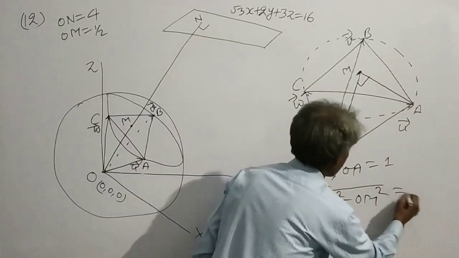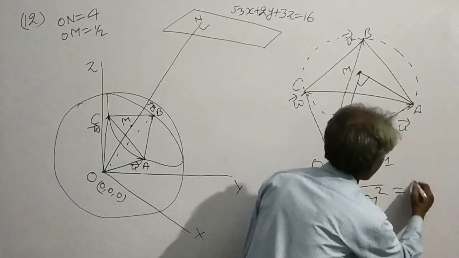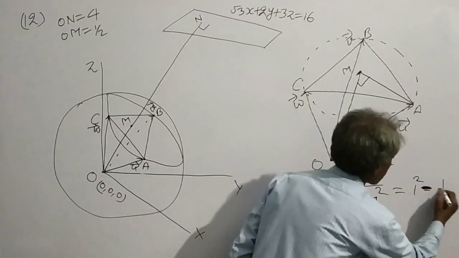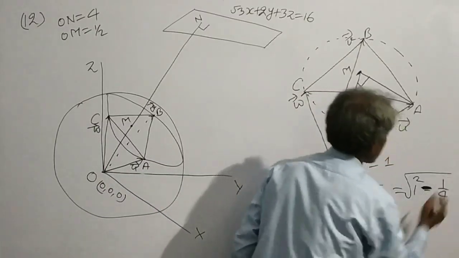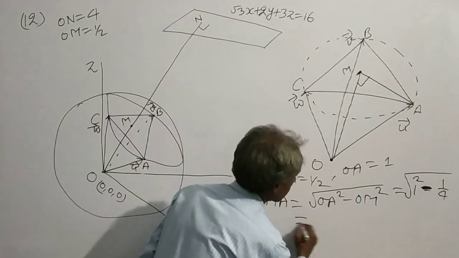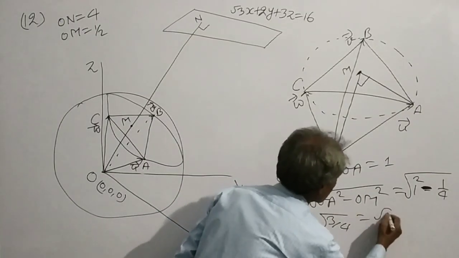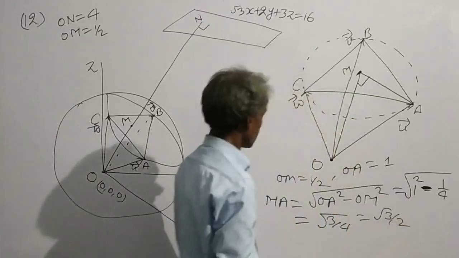This will be equal to root of 1 square minus 1/2 square, which means 1/4. This will be root of 3/4, that is equal to root 3/2.